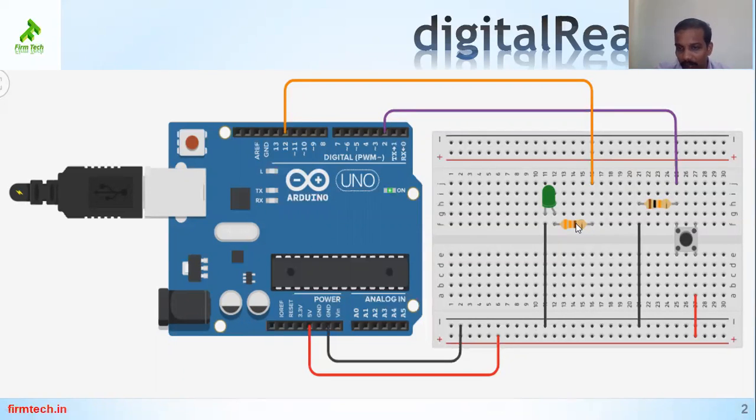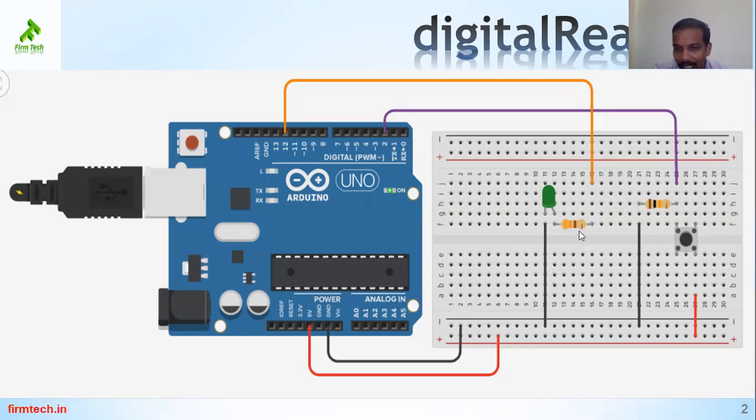There is no change in our circuit, and here we have inserted a switch, and this switch is known as a push button switch. I will show you the hardware of the push button switch at the end of the webinar. I have one in my kit, and if I remove that, it will create some problems. So let it be there. And this is another resistor, and this resistor is also connected to the ground.